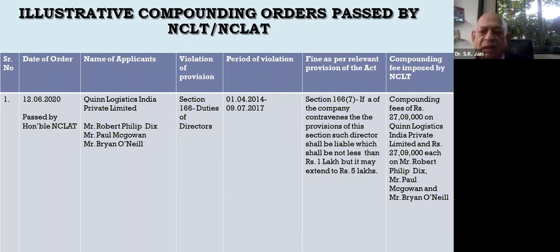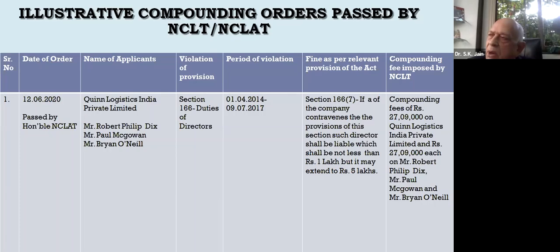In such a case, I appeared only yesterday before the RD office, before the regional director. The minimum fine was not less than 50,000, which may extend to 5 lakh. Then the RD told me, Mr. Jain, how much fine do you agree to?